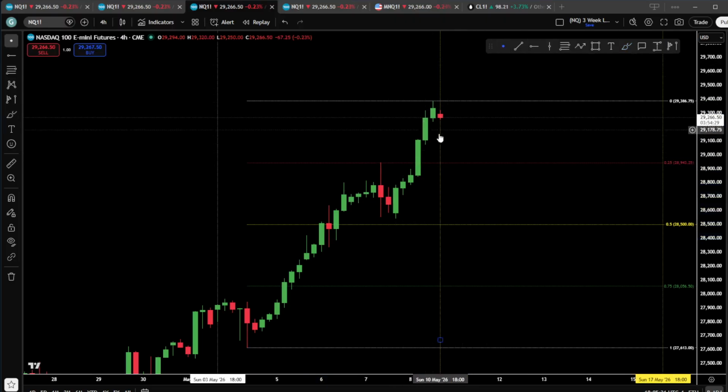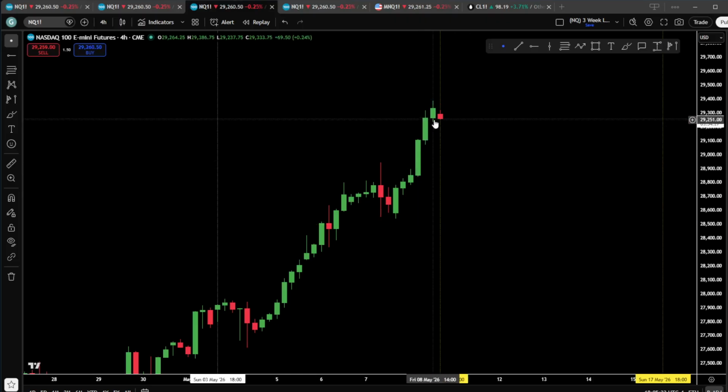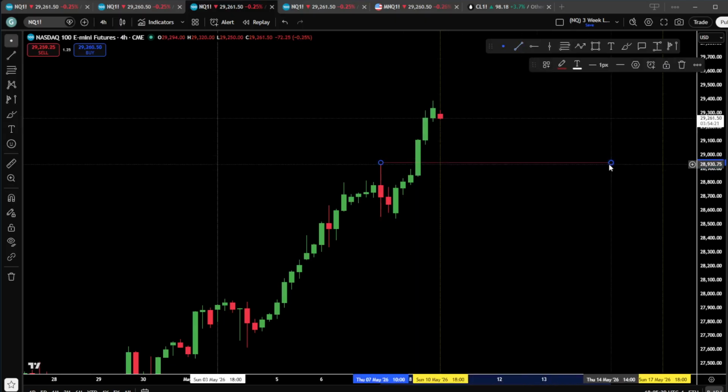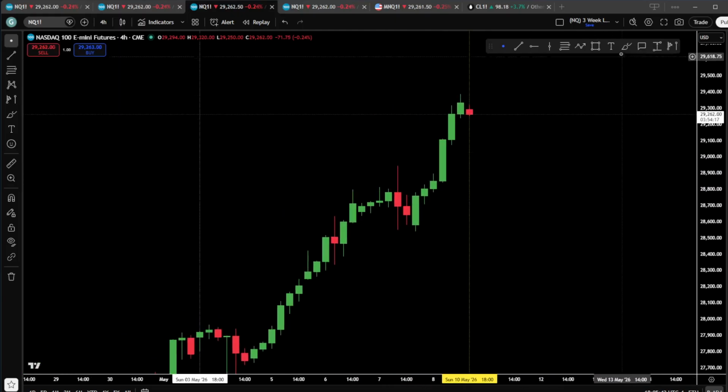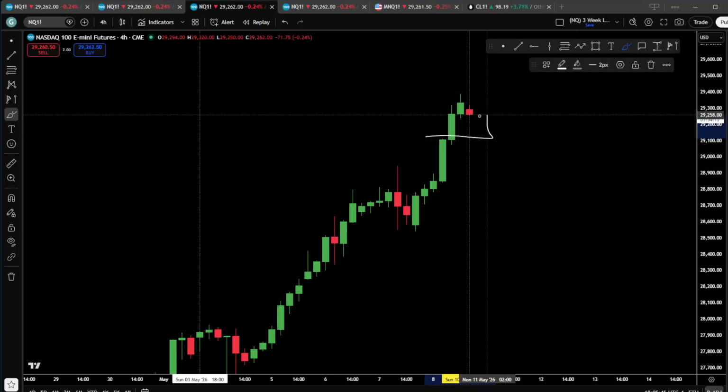We have very obvious PD arrays at these levels, such as two fair value gaps and the high of a bullish order block. So if the market is really bullish this week, it could simply create a low of week at these levels to trade higher.